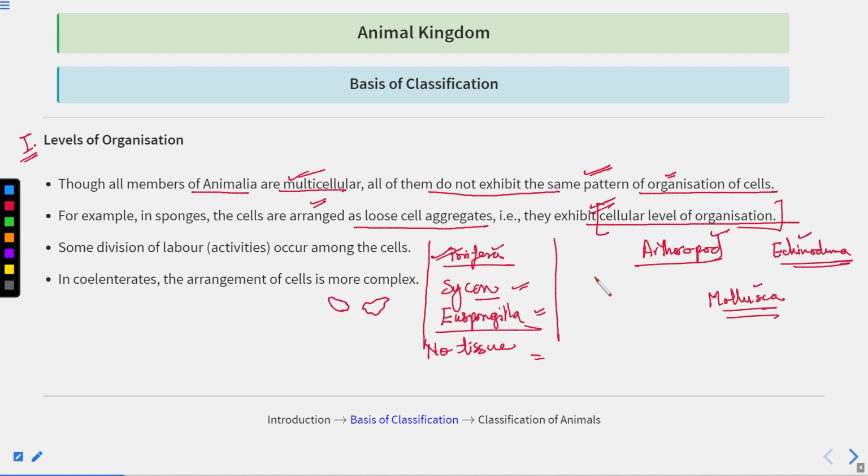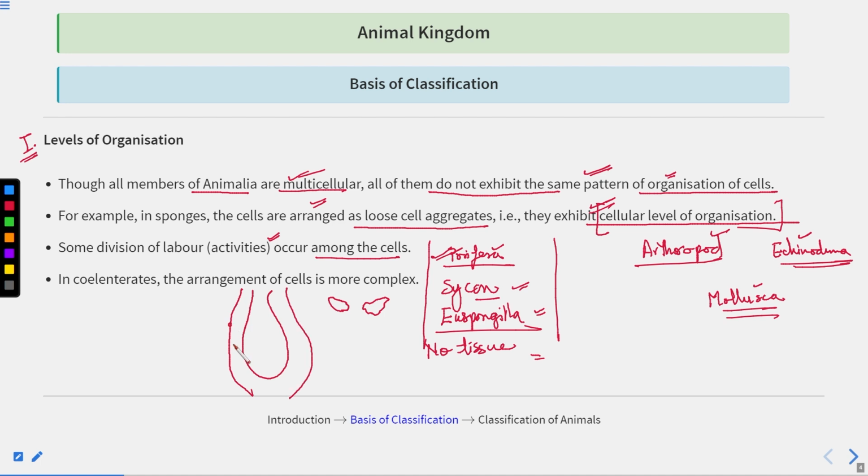Okay. So some division of labor occurs among the cells. How do they divide all their activities and functions? They divide their functions on the basis of their cellular activities. So you can see here they have a spongocoel cavity like this. Suppose this is a sponge, right?